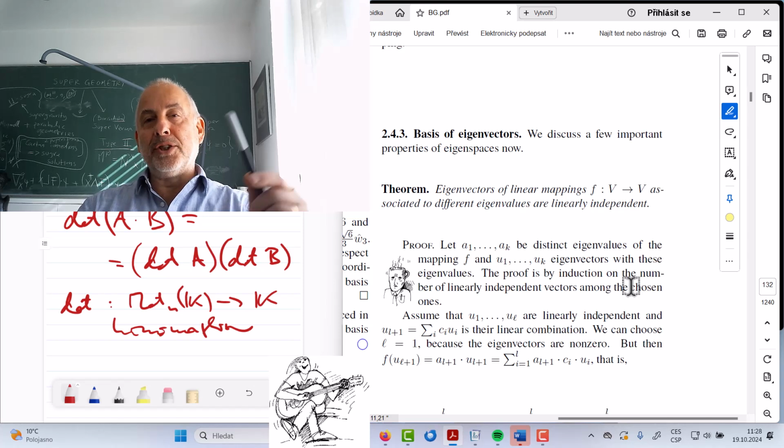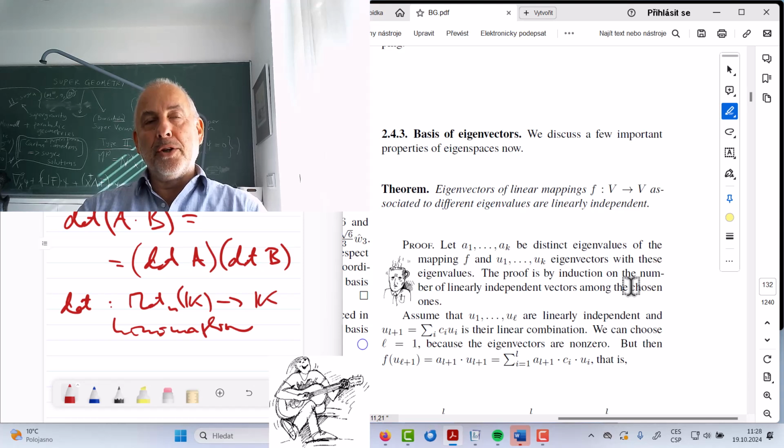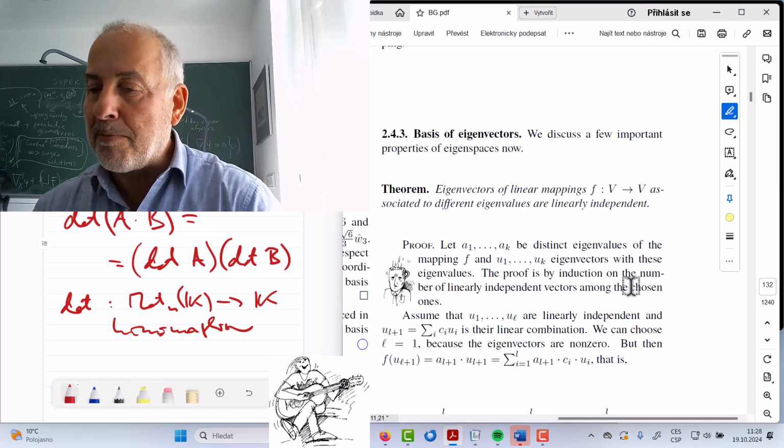And that was the case of the projection, right? So of the nilpotent thing, because with the nilpotent thing, the matrix B, there we had multiplicity 2, but only one-dimensional eigenspace, and that's the main troublemaker, right? So we shall see how to deal with this in a couple of weeks too, but that's much more complicated then.